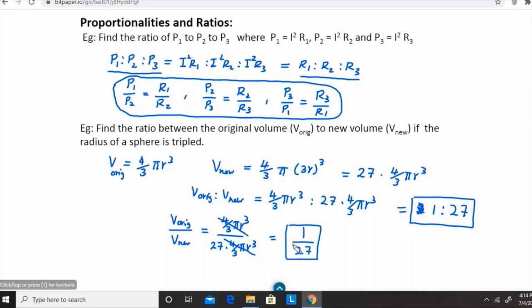The final outcome is identical to the other way of representing it. So these are two examples to give you an idea about how to deal with proportionalities and ratios.